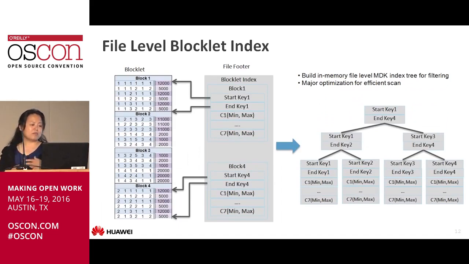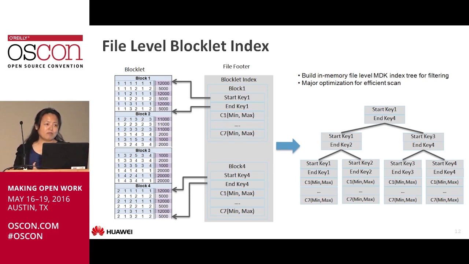So remember, I mentioned that in the file footer, we have a blocklet index stored. This includes a blocklet index node for each blocklet in the file. Each index node contains the start MDK key as well as the end MDK key, a pointer to this blocklet, as well as the min-max index of each column.